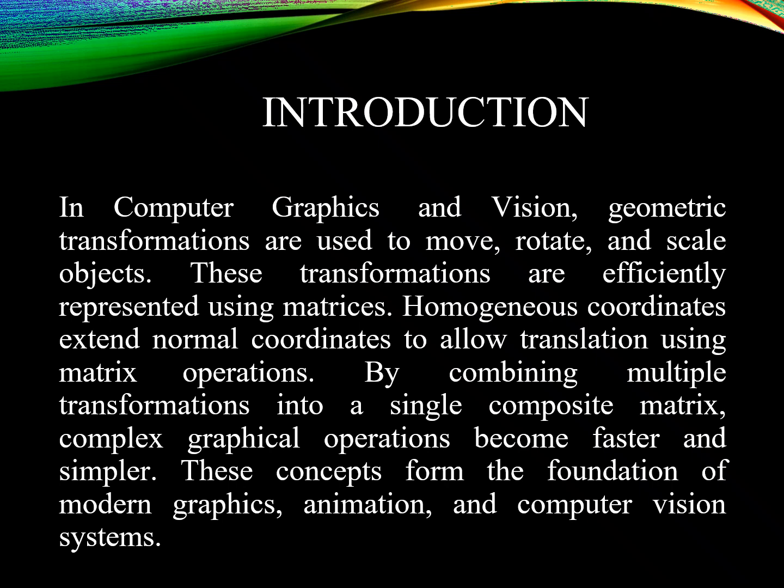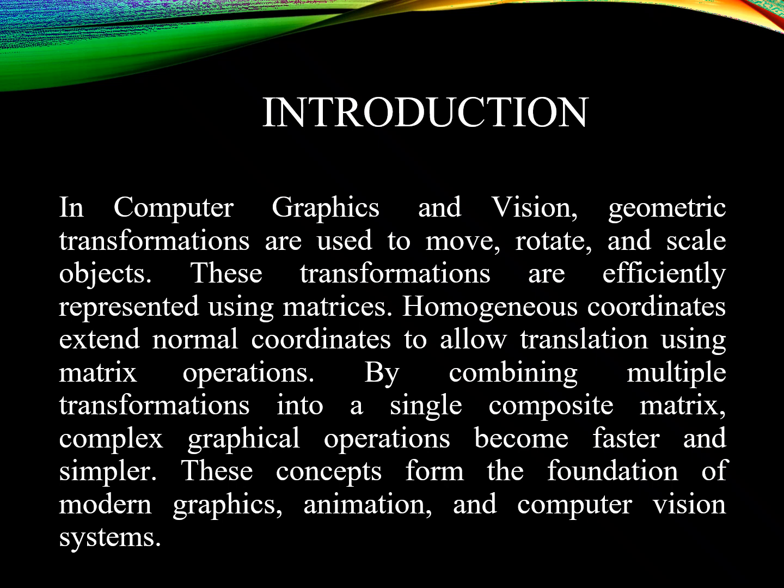In computer graphics, every object is represented using coordinates. Whenever we need to move, rotate, resize, or flip any object, we perform these operations, which are called geometric transformations. Instead of changing every coordinate manually, mathematics provides a much simpler solution using matrices. A matrix allows us to perform transformations efficiently through multiplication.